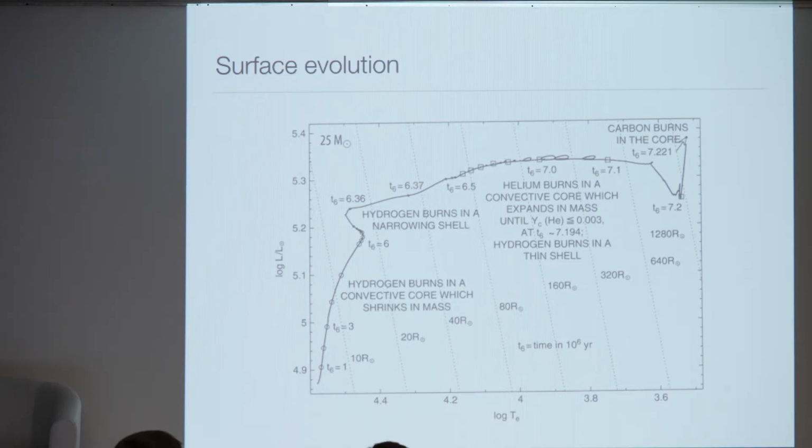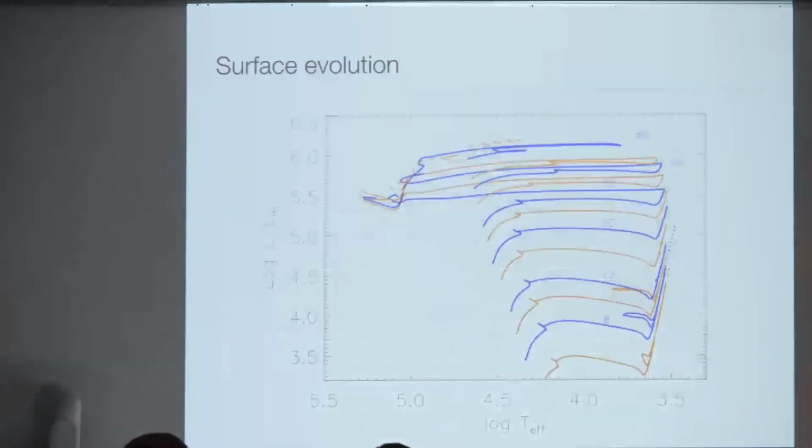And the second point is, if you look at the evolutionary tracks you showed us on the Hertzsprung-Russell diagram, you may notice that there is a sort of boundary at 3.5 thousand Kelvin in effective temperature, and no star can cross this boundary.